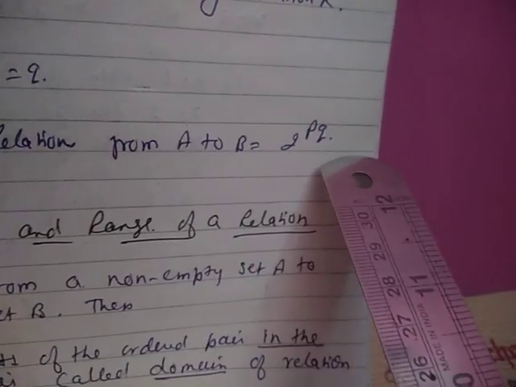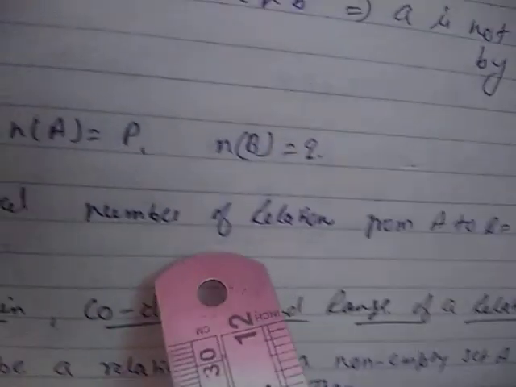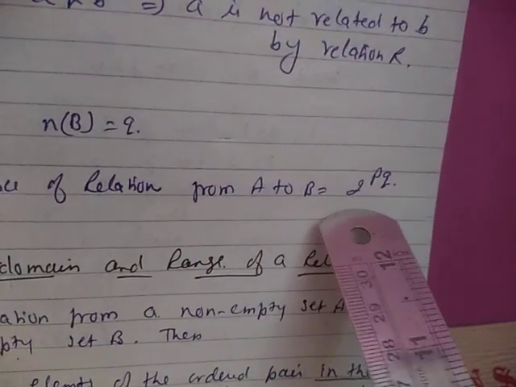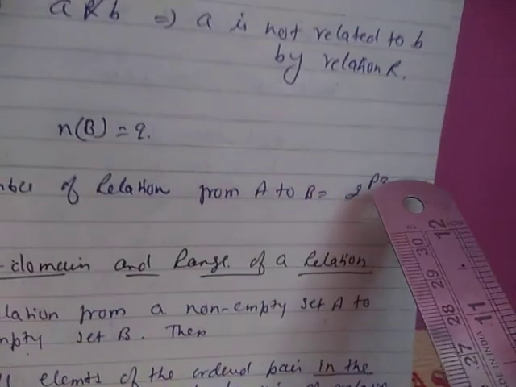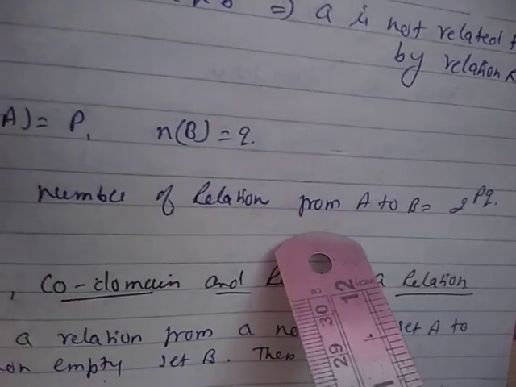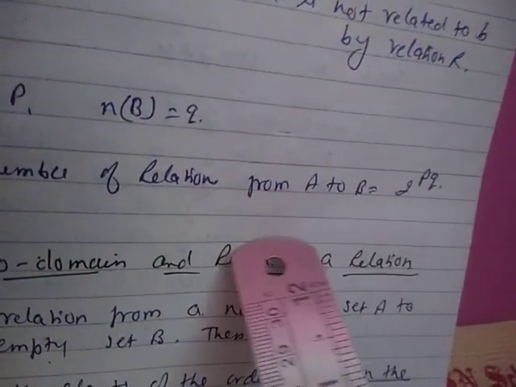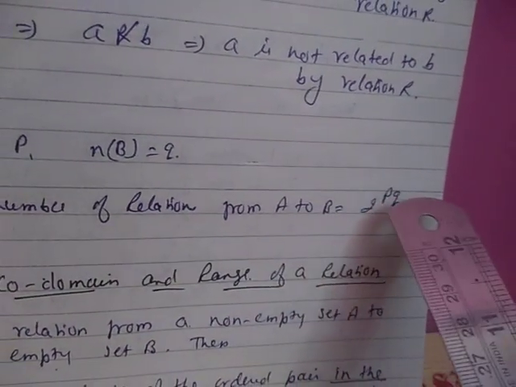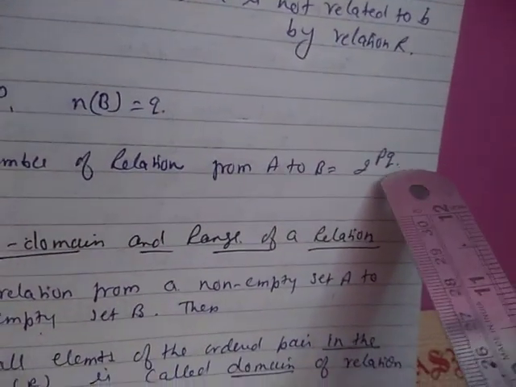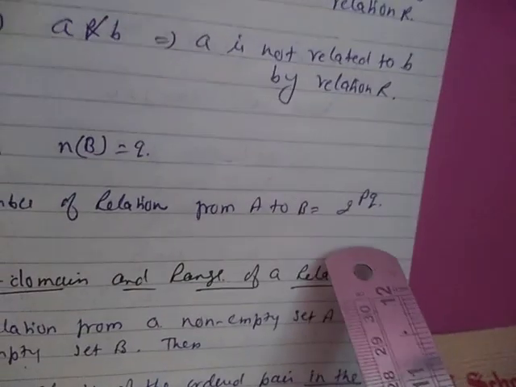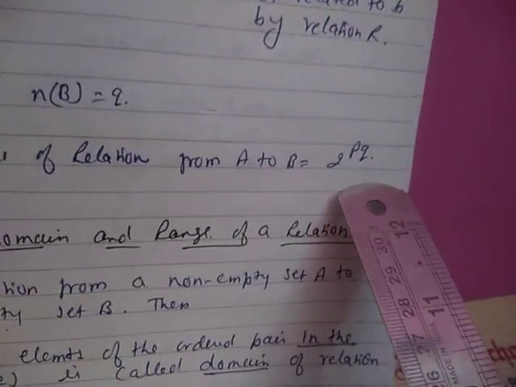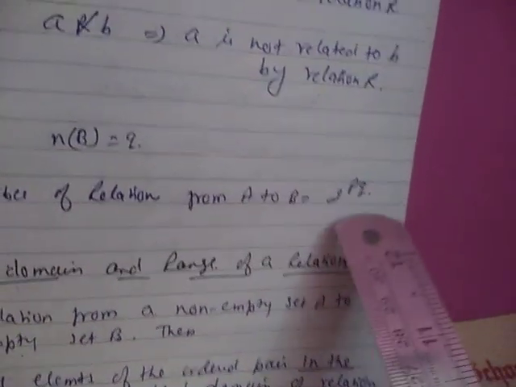This is the same concept as subsets. The total number of relations from A to B will be 2 to the power PQ, or the total number of relations from B to A is 2 to the power QP. So the number of relations from A to B or B to A will be the same, but the ordered pairs are not the same.